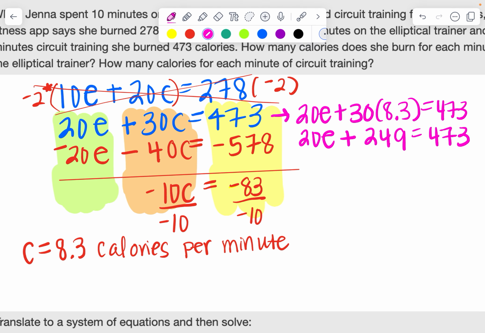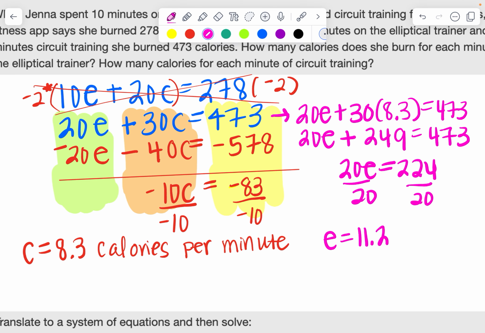If I took 249 from both sides, I would end up with 20E equals 224. And then dividing both sides by 20, I would end up with 11.2 calories per minute.